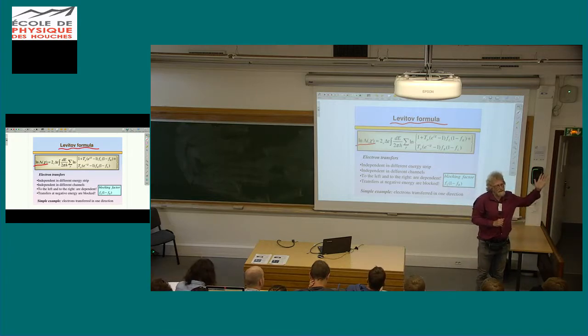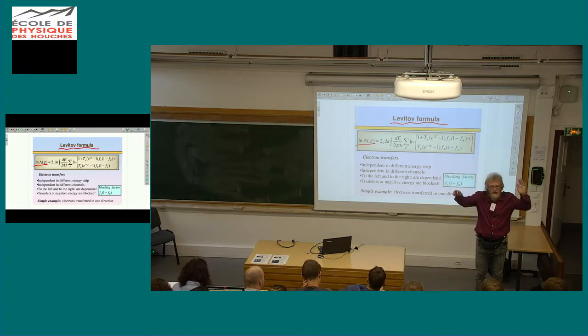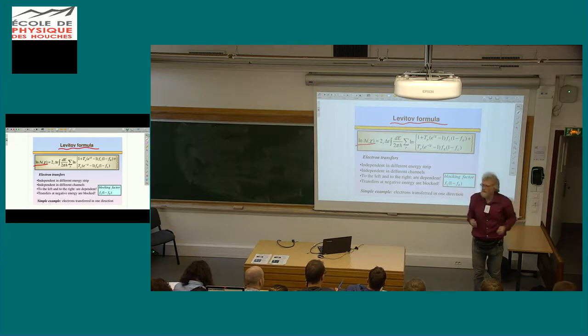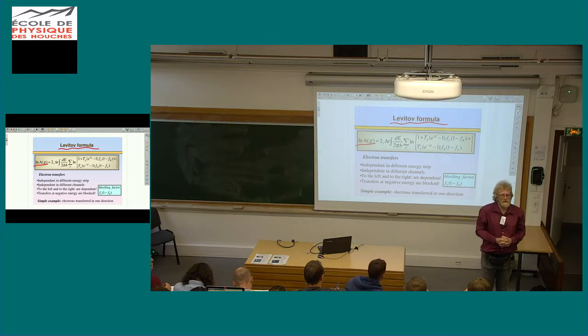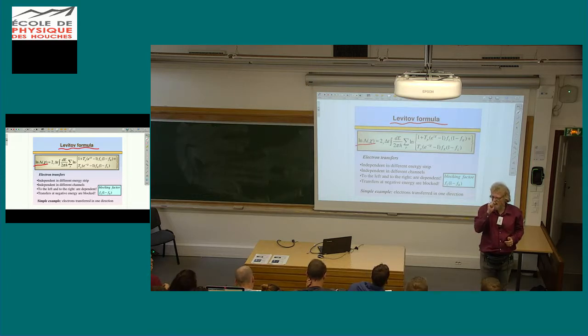A certain number of electrons coming from the left want to get to the right, but they have to find an empty space over there. That's why we have the second blocking factor, 1 minus Fr. Good. So fermion statistics, the Fermi-Dirac distribution, eventually provides the answer and eventually breaks non-locality.